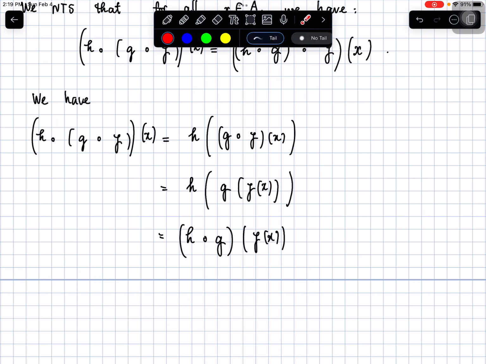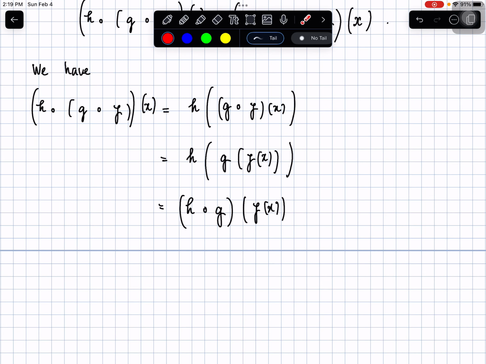This is the definition of composition of h∘g. So h∘g of x is h of g of x.